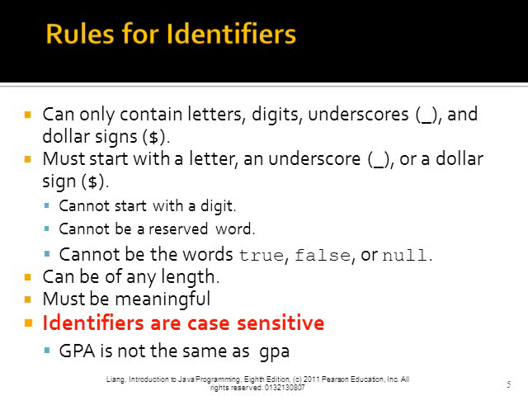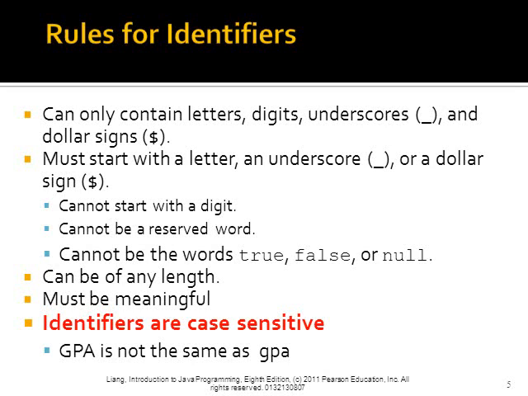Let's get down to the rules for constructing identifiers, for those names that we need to create for things like variables and classes. The first rule is pretty simple: letters and digits, underscore and or dollar sign. You might want to also think about not using underscore and dollar sign. They can be somewhat confusing, but they're available.